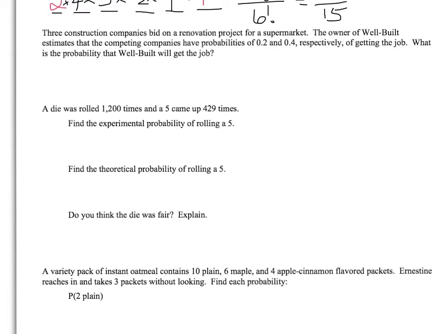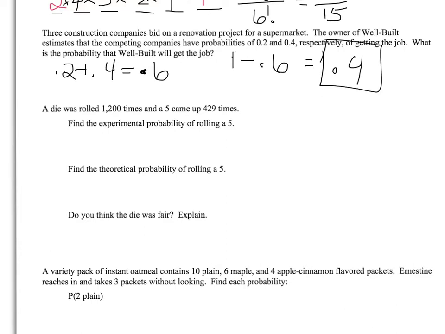Well, if the one company has a 20% chance and the other company has a 40% chance, that's 60% altogether, 0.6. The probability that Well-Built gets the job is 100%, or 1 minus 0.6, which is 0.4. So the probability they get the job is 0.4.